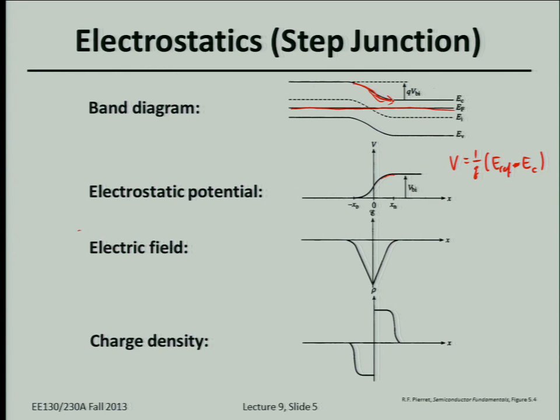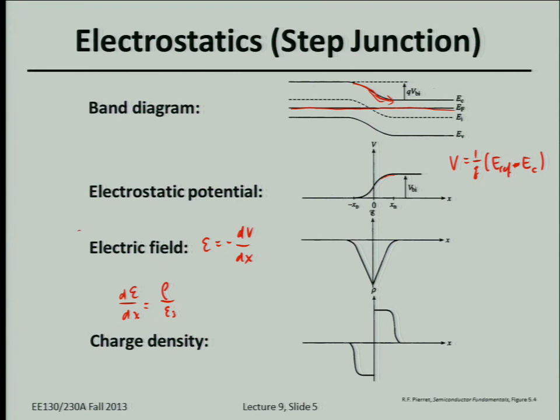The electric field is equal to the negative gradient of the electrostatic potential. And remember the Poisson equation? What is that? dE/dx equals what? Rho, so charge density. This is not resistivity, sorry, it's unfortunately confusing, but this is charge density in the semiconductor over the permittivity of the semiconductor.